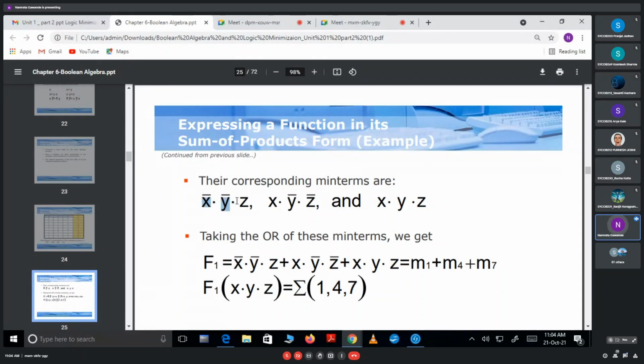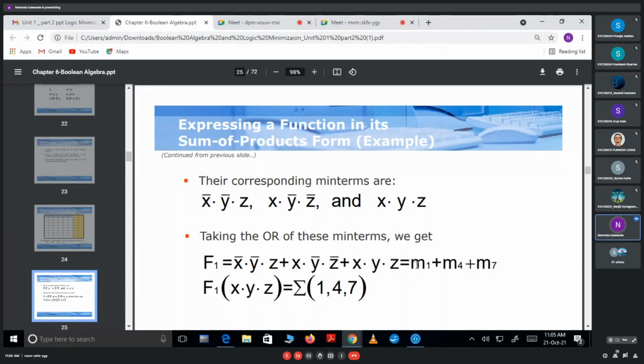So these are the product terms, right? And after that you have to take the summation of those, because SOP, sum of product, by the name only you can see here, students, sum of product. So this expression is indicating sum of product, right? These are the products and that is the sum of these products. So this is the sum of product.